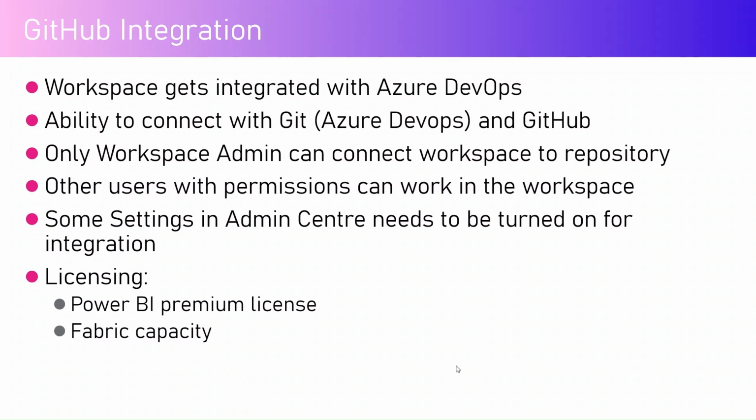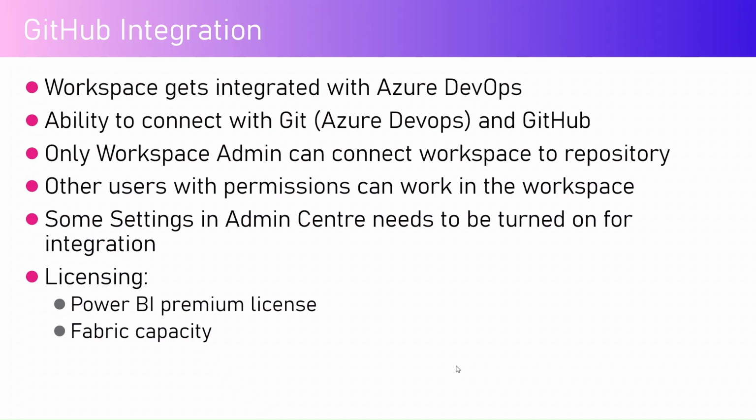So if you know what a workspace is and how to configure a workspace, then you will be able to save your artifacts in the Git repository. There are multiple ways to connect to different source control like Git and GitHub. I'm going to work on Azure DevOps Git.